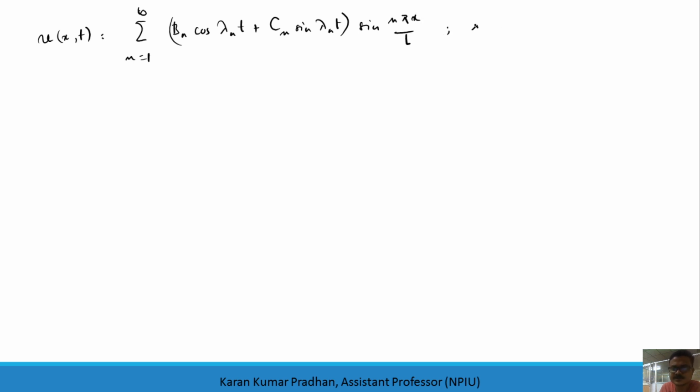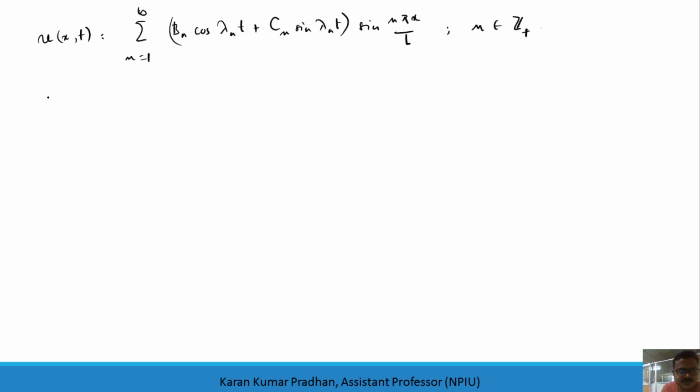The general solution of this wave equation is the sum of n running from 1 to infinity of B_n cos lambda n t plus C_n sin lambda n t, times sin n pi x by L, where n belongs to the positive integers.